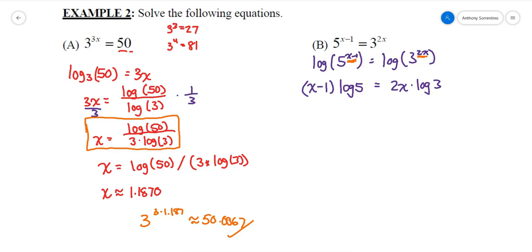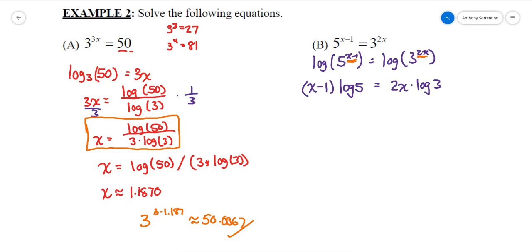And then the next step I'm going to be doing some more computations and again be rounding to 4 decimal places. And what sometimes happens in those instances is that whatever value of x I get, I start trying to check to see if I get the same quantity if I put that x into 5 to the x minus 1 power versus 3 to the 2x power. I end up seeing that the two answers look different enough to warrant confusion, mostly because of rounding errors and doing a little bit too much rounding along the way.